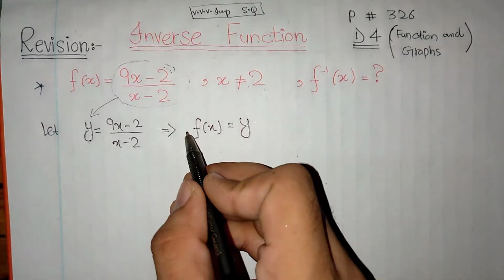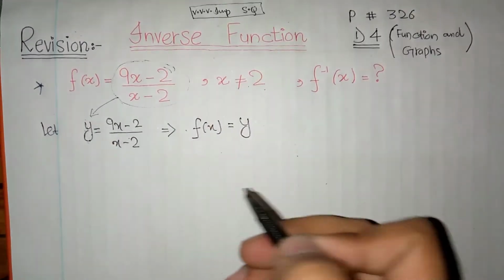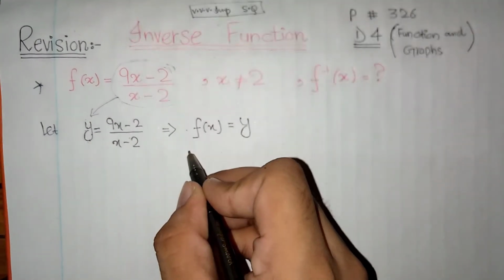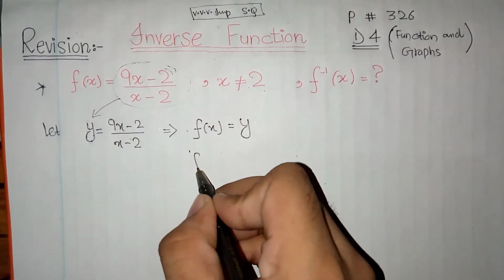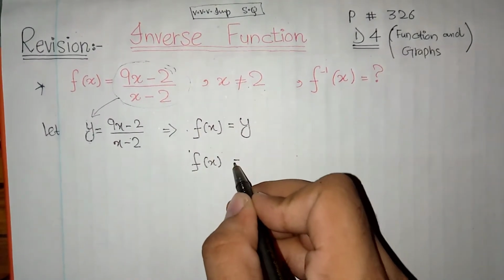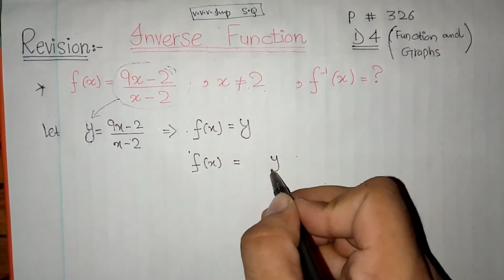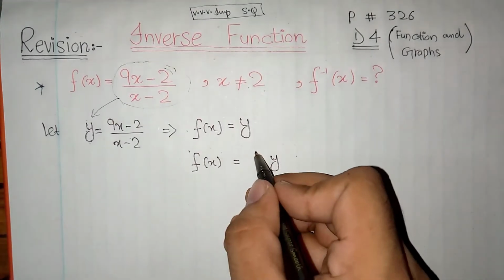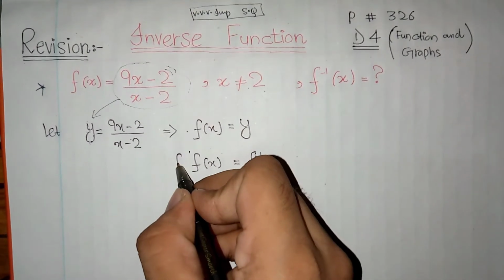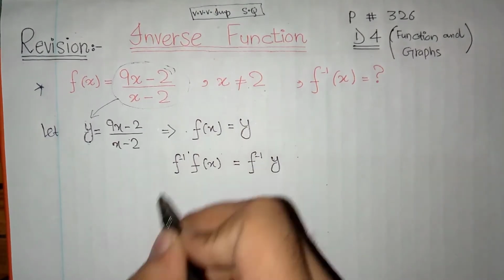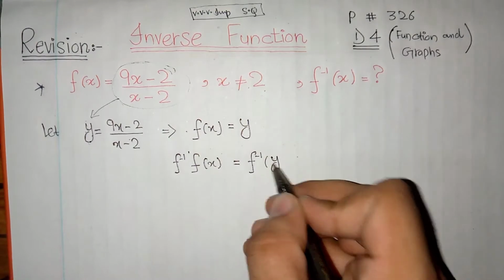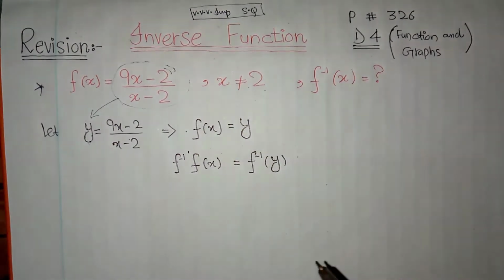Taking f inverse on both sides of this expression, I write f(x) as it is, the equality sign as it is, and this y as it is. So I put f inverse on the right and f inverse on the left, with a round bracket.